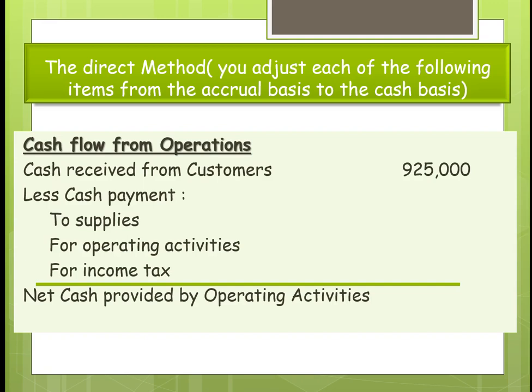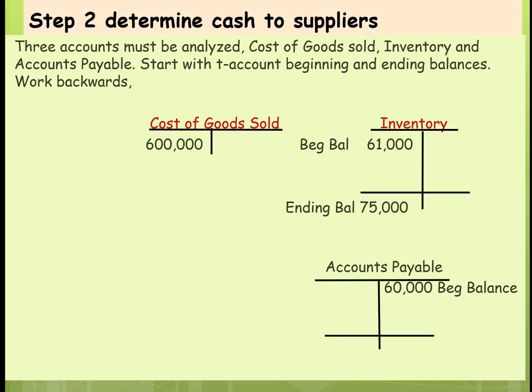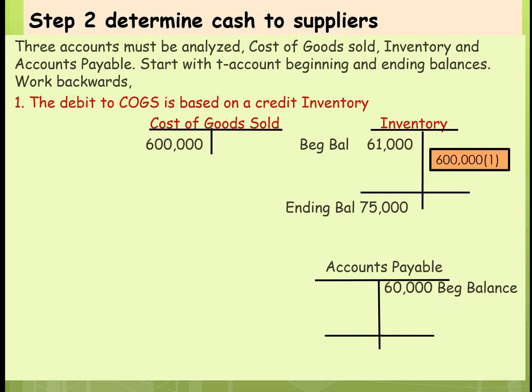Now we're going to look at how much cash did we pay to our suppliers. Now this is how I like to do it. You can do it any way you want. I look at these three accounts: cost of goods sold, inventory, and accounts payable. I know that if we have $600,000 in cost of goods sold, we would have had credited inventory for that amount.